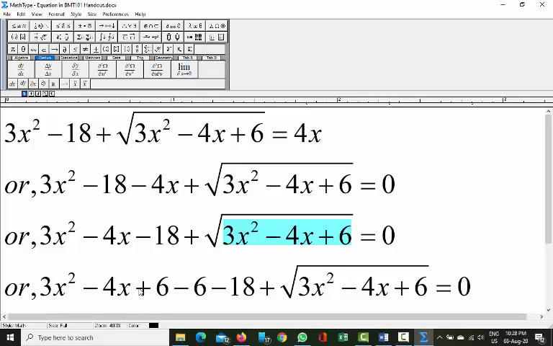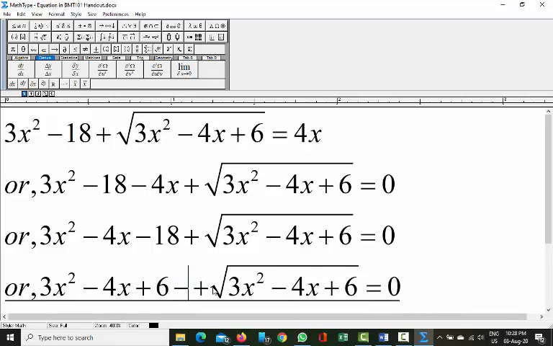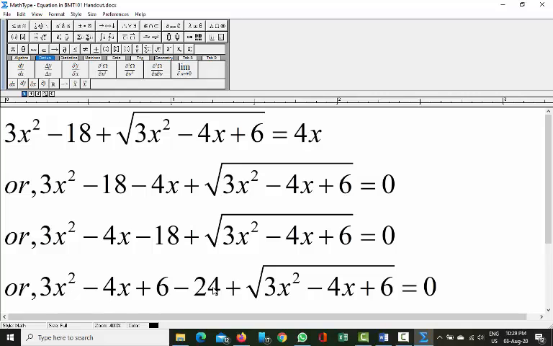But this plus 6 we have added was not there in the previous line. So that's why we will write minus 6, so that this minus 6 cancels this plus 6. And we had minus 18 in the previous line. So minus 18 minus 6, we can write minus 24. Right.